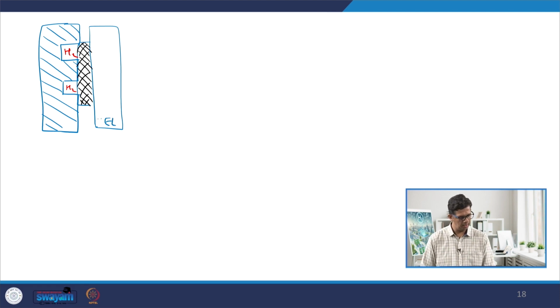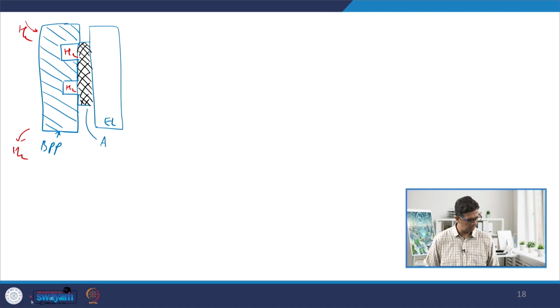This is our electrolyte, this is the anode with GDL, and this is our bipolar plate, or monopolar plate in case of a single cell. Somehow we bring this hydrogen to the flow channels, and unused hydrogen is also taken out from the bipolar plate.